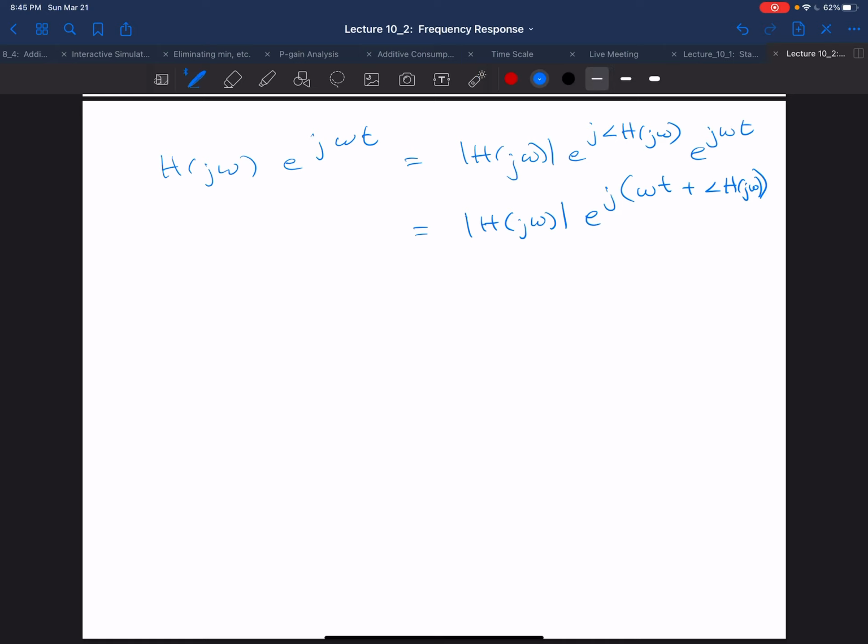So from this basic result, you could calculate what happens if our sinusoid is actually, say, sine ωt.